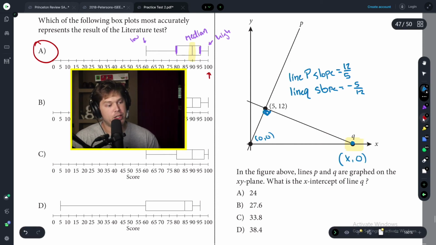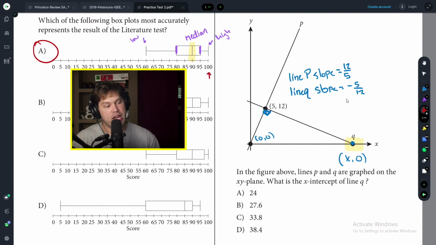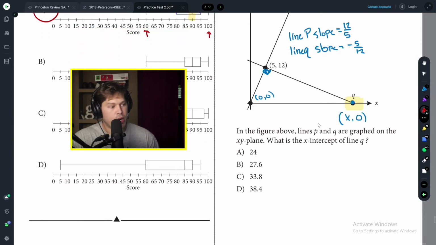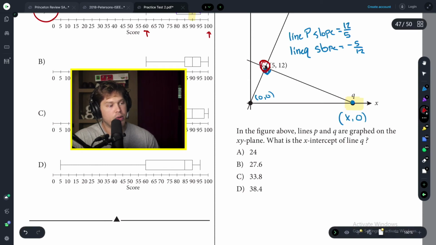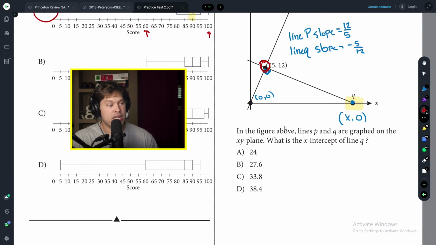That's what we have to do. And so we just found that the slope of line Q is negative 5/12, and we know that because it's perpendicular to line P. So now we need to find the full function of line Q. Well, we are given one point for line Q. We had this intersection point, and so we can use point slope form to then find our full function.